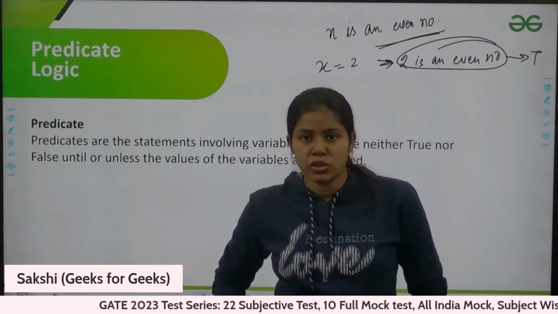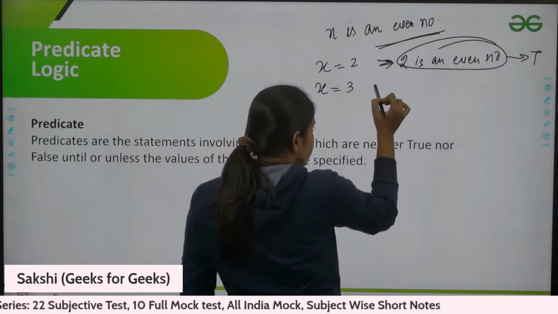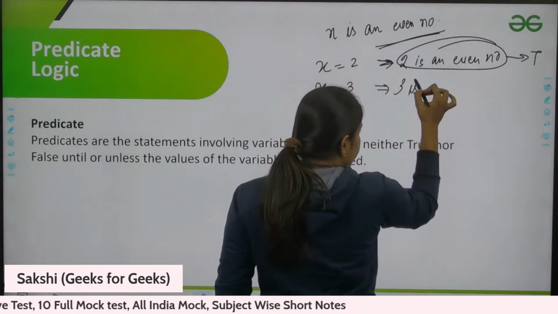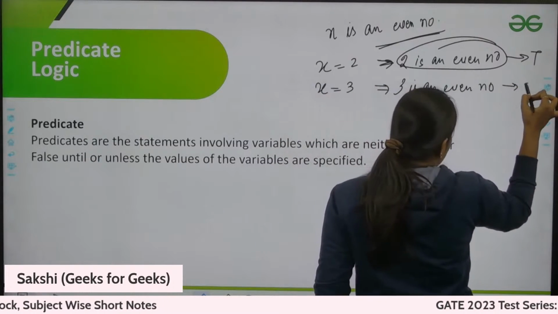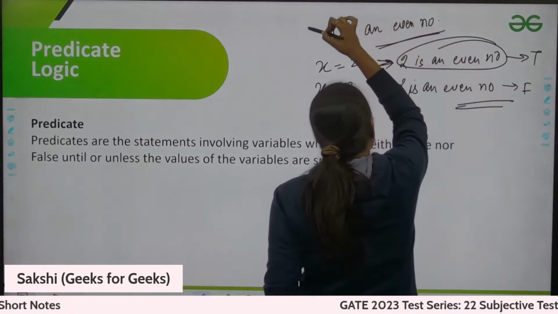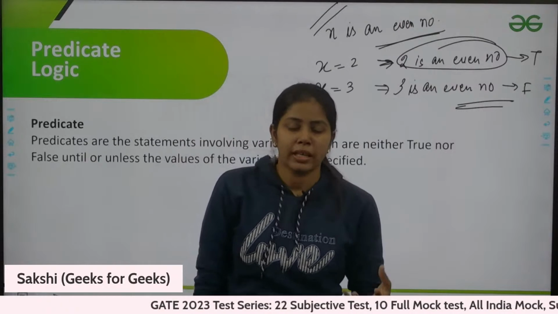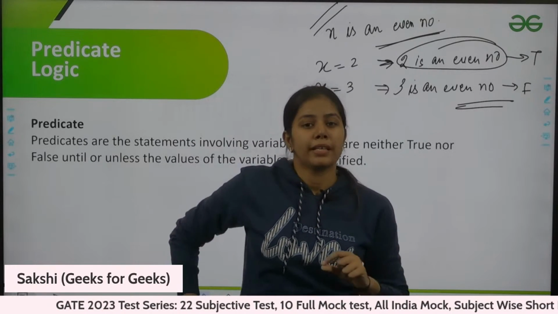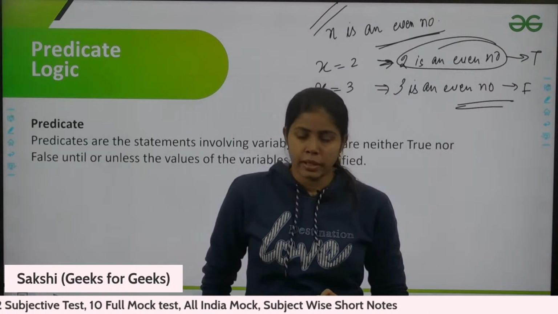Now it is a proposition, right? Similarly, let's take x equals 3. Then I'll write 3 is an even number. Now it is a false statement. It is a proposition, but we have this as a predicate. So I hope now you know what a predicate is: it has a variable, and assigning a value to the variable, we get a proposition, right?